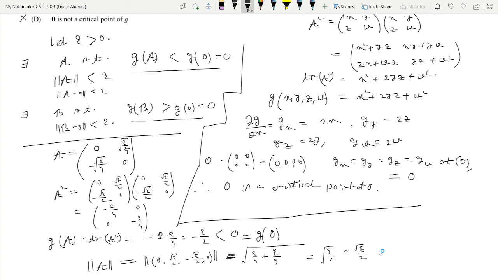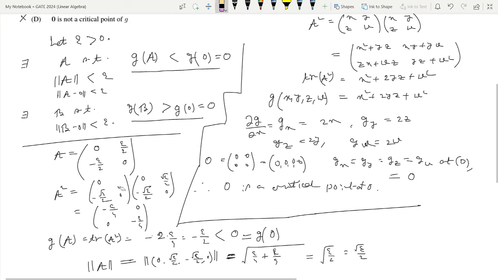Okay, so we need to take such that this norm is less than epsilon. So simply we can take this as epsilon by 2, then probably this example will serve. If we take, instead of this root epsilon by 4, that is root epsilon by 2, just simply epsilon by 2, then probably our purpose will be served by this.